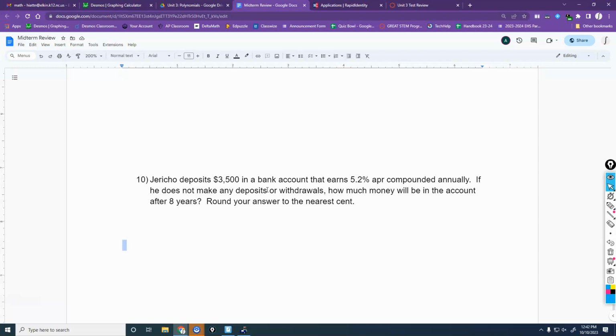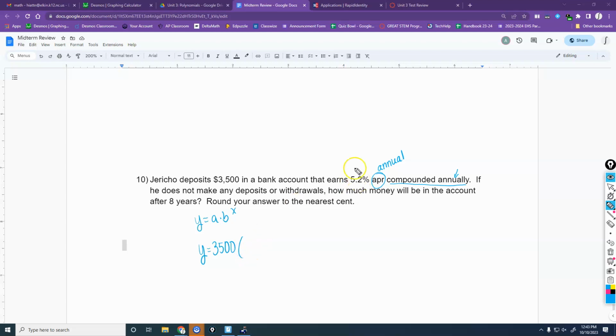Okay. Now, this does say compounded annually. We did have a formula for that, right? You can use the formula if you want, but APR means annual, and this is also annual, so you don't have to use the compound interest formula on this. You can. I'll do it both ways for you. You can just do y equals a times b to the x power. So remember that 35,000 is your A. That's your starting value.